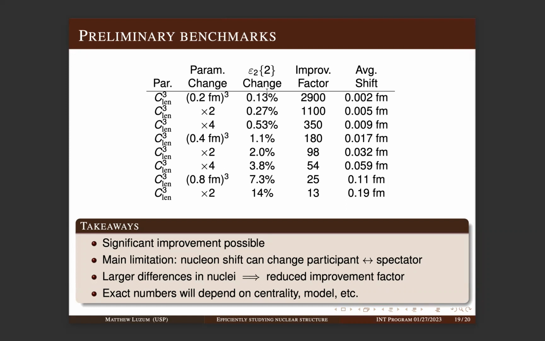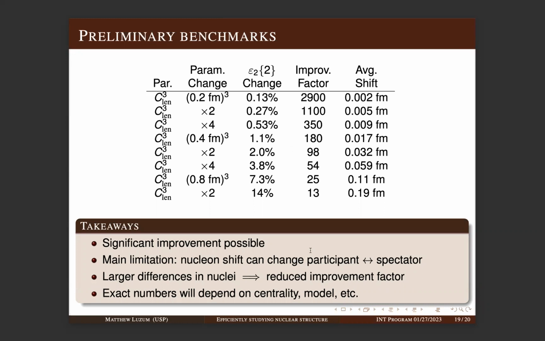Yes, that's right. If you have a large correlation effect, this shadows the statistical. Yeah, if you change things a lot, then it makes sense. Actually, if you take the cross section and just pull it up to infinity so that everything's a participant, these numbers explode. You basically get perfect knowledge of the change.